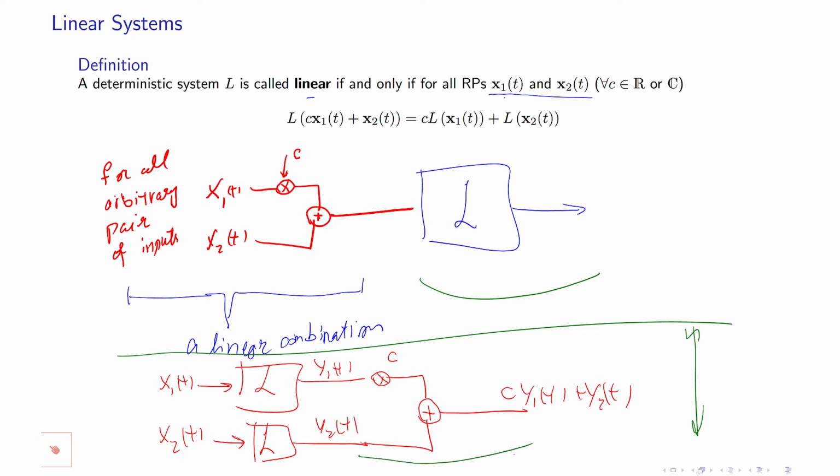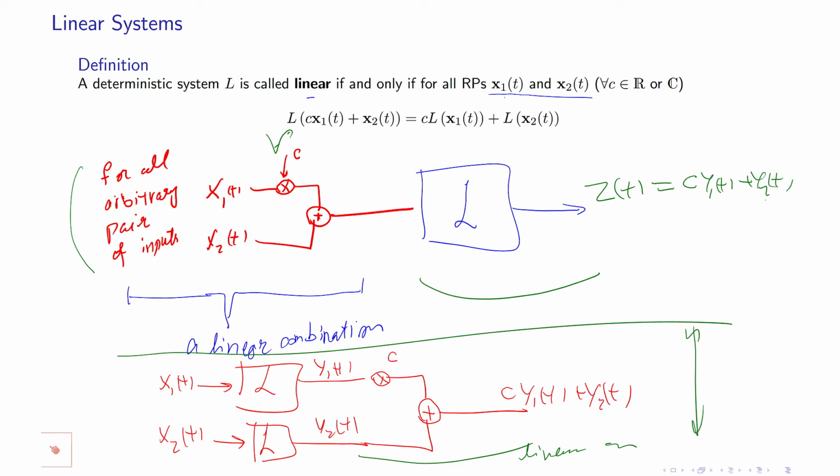So if for all arbitrary pairs of inputs and for all constants c, these two final outputs, let's say here z of t, is always equal to c y1 of t plus y2 of t, then I call this system linear.